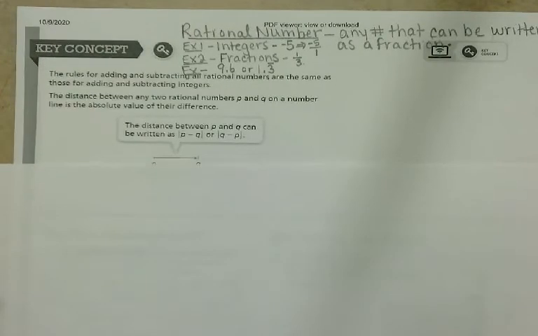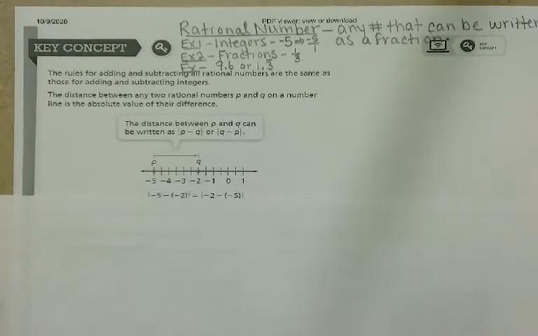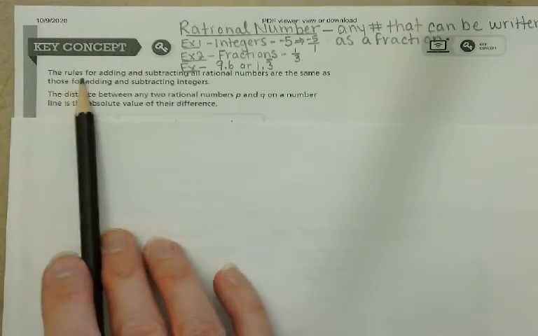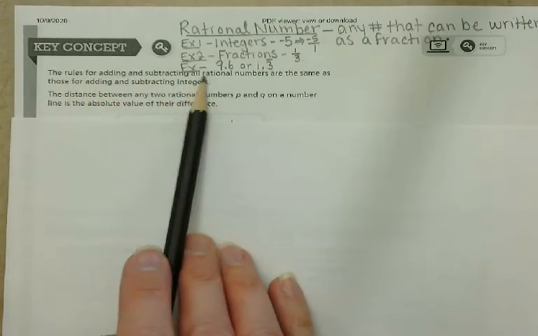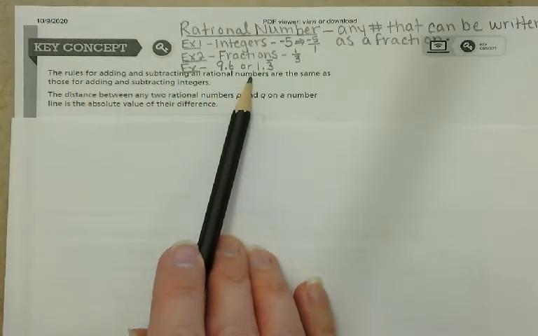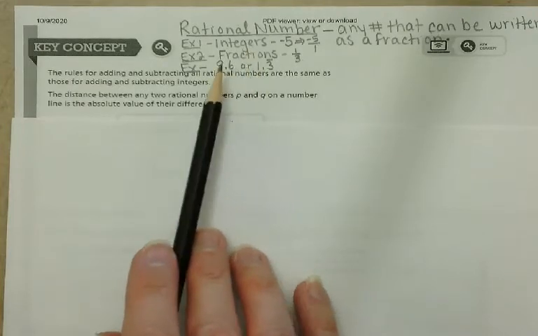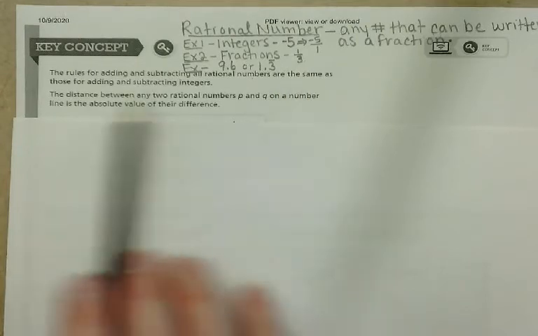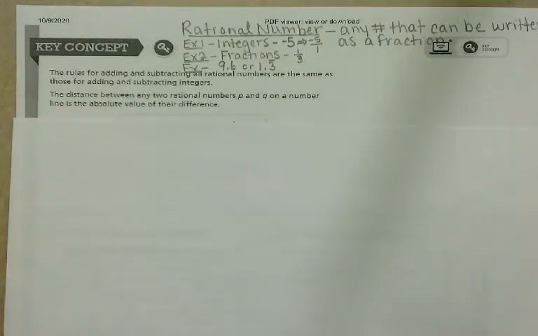Okay, and in this section, which is section 1-5, we're going to see how the rules for adding and subtracting all rational numbers, again including integers, fractions, and certain types of decimals, are the same as those for adding and subtracting integers. So let's think about some of the rules, right?